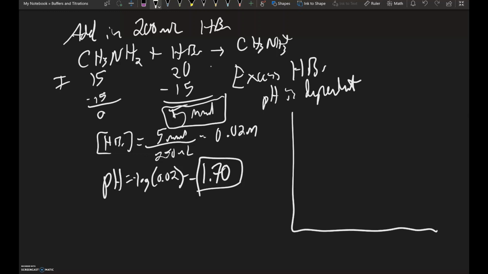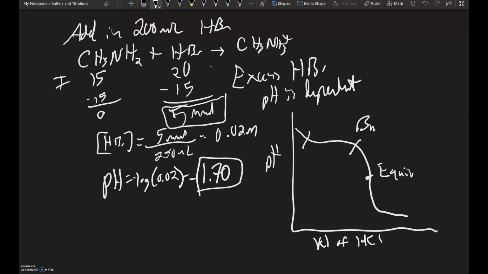Now, if we were to graph this pH versus volume of HCl, what we would see is a curve that looks like this. So here in the midpoint, this is your equivalence point. Here to here represents the buffer zone.